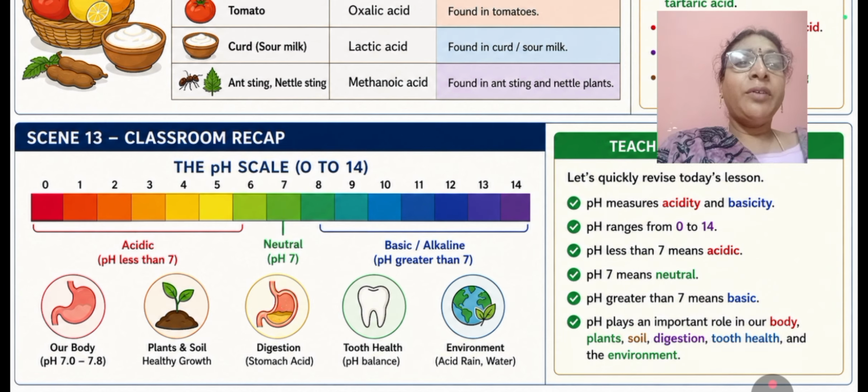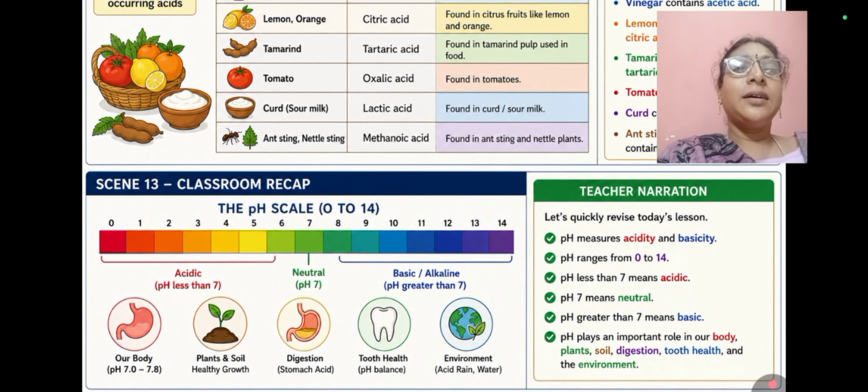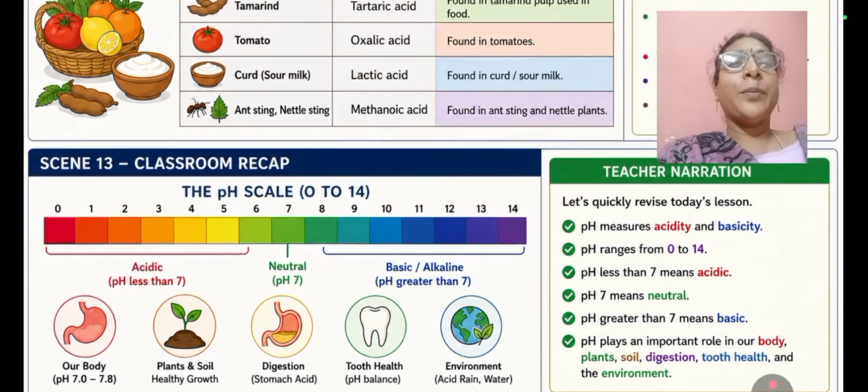The environment also should have a pH value greater than 7, so we have to protect against acid rain, and water. This is the classroom recap.